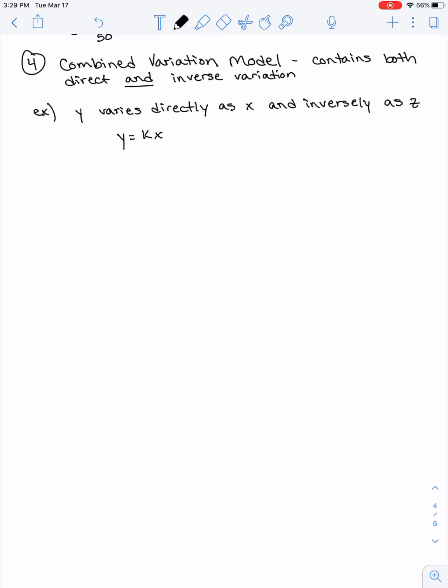But then it's also varying inversely with z, which would be a k over z. You don't have to double up on the constants because they're just some unknown constant. So you can just mush these together and say that y is equal to some constant times x over z. So now you can see that as x would increase, y would increase, but it's inverse to z because z is on the bottom.